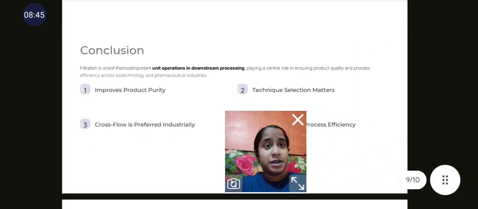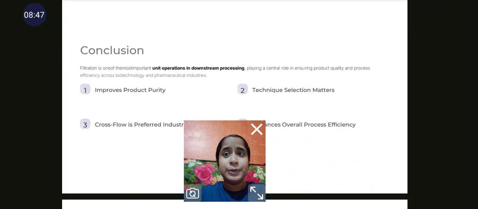Last but not the least, I conclude that filtration is an essential unit operation in downstream processing because it removes the impurities while preserving the quality of the biological product. Different filtration methods are selected according to the particle size, product characteristics, and industrial requirements.